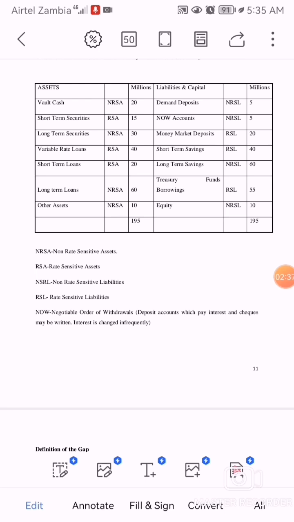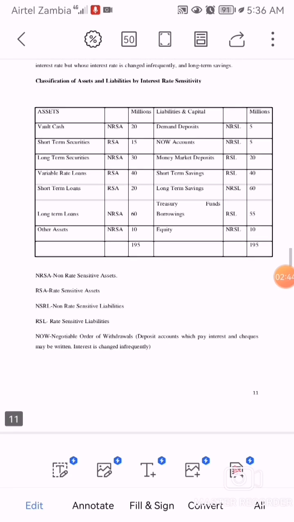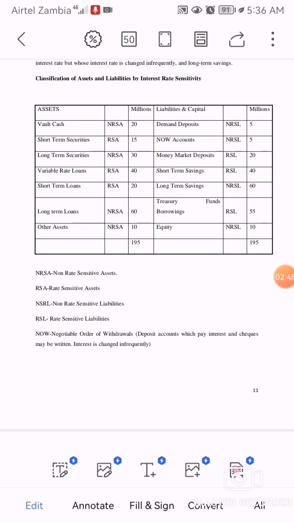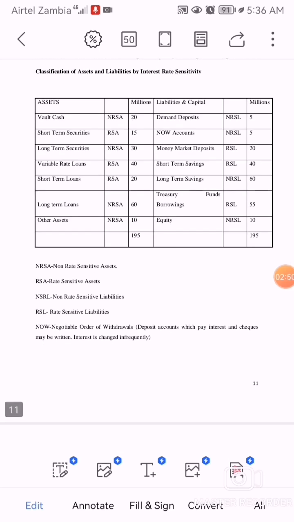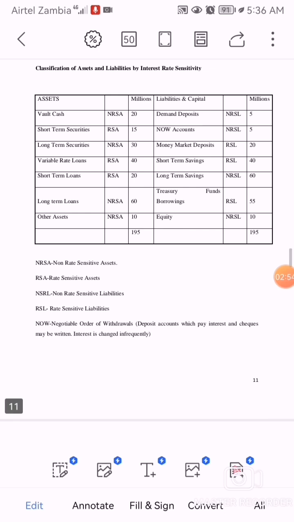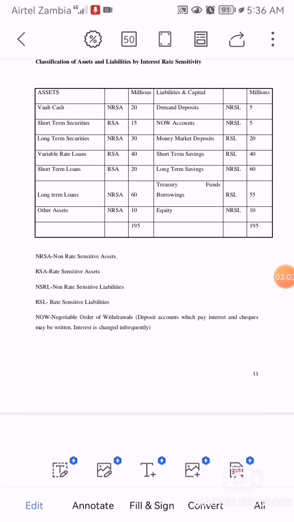But some people might be wondering, vault cash, the money that banks keep in their vaults, why is it a non-rate sensitive asset? Here's the reason. The money that you keep in your vault doesn't generate any kind of interest. It's just kept. In other words, it's not invested in any way, so you're not earning anything from it.